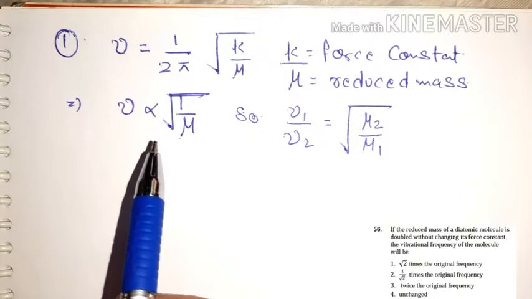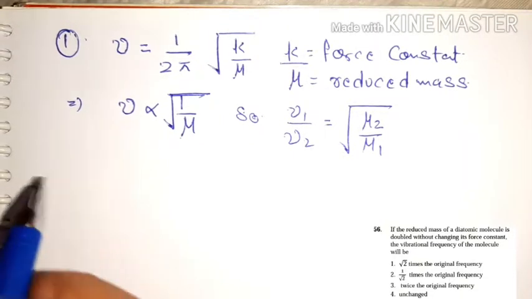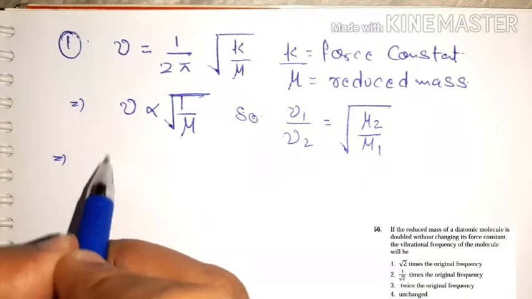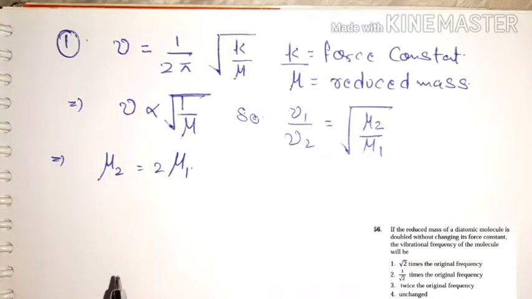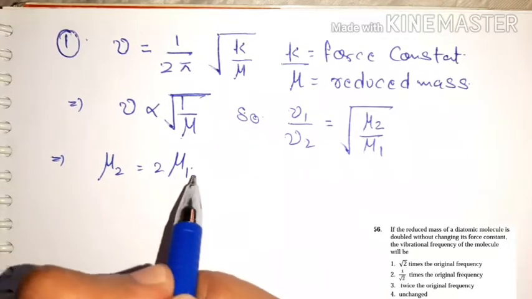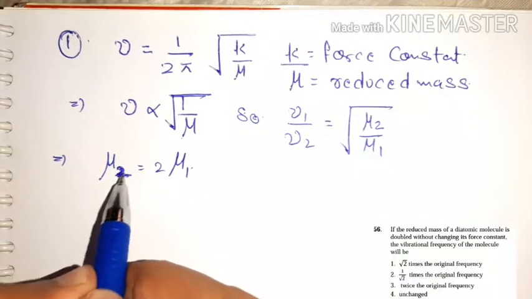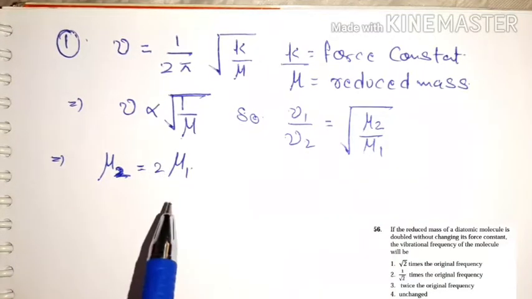Now friends, in our question we have mu2 equals 2 times mu1. According to our question, the reduced mass of the diatomic molecule is doubled, so mu2 is equals to double of mu1.